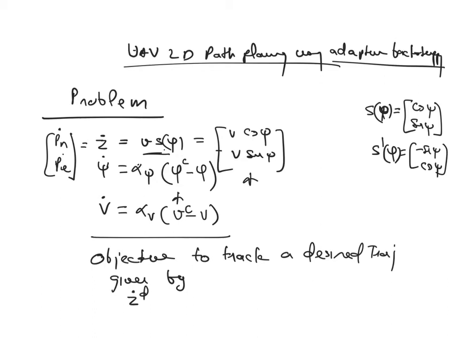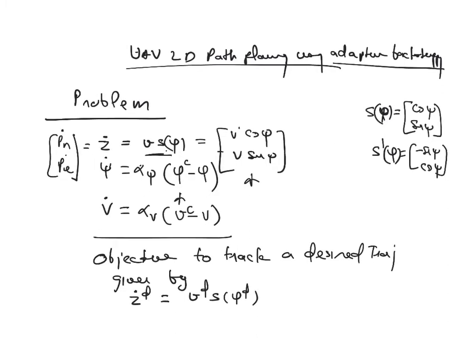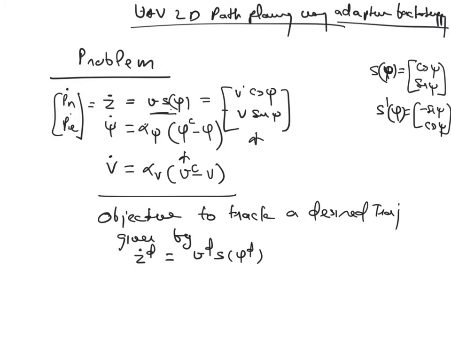I'm saying the desired trajectory is governed by these equations of motion, which is v desired, s of psi desired. This is like this function, but now instead of this, v desired is there, and psi desired is there, right? And then your psi dot desired equals some input u.